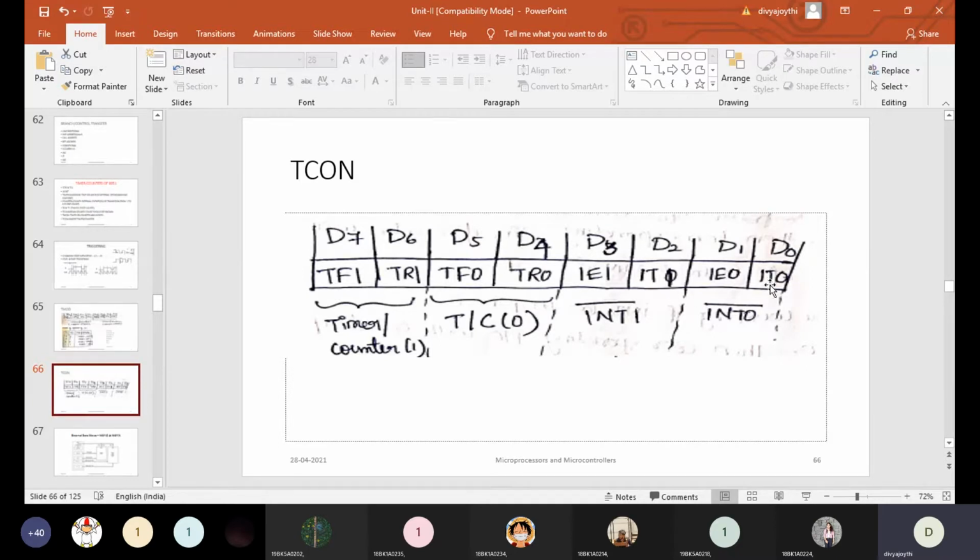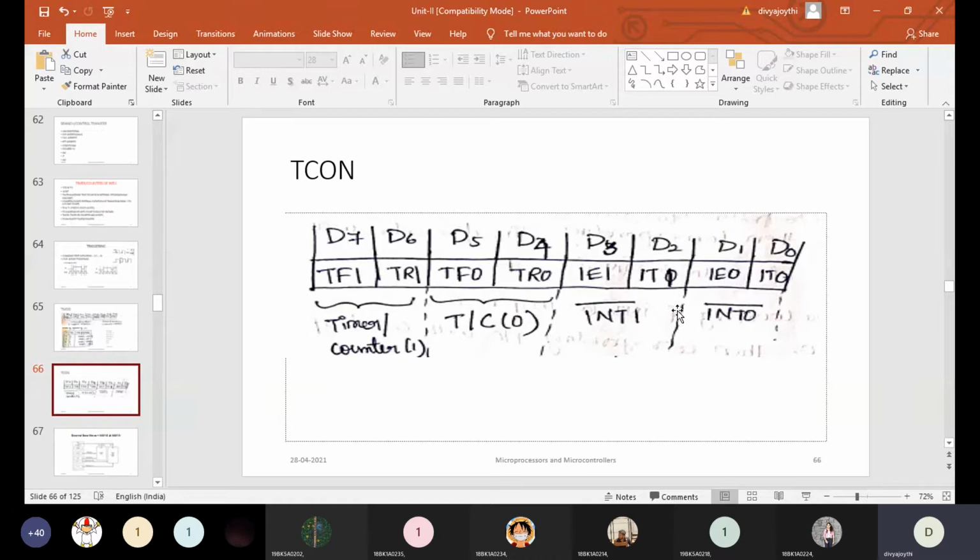I'm repeating, IT means interrupt, here meaning interrupt 0 and interrupt 1. So how are these interrupt 0 and interrupt 1 executed? That means at what kind of triggering they are executed. That information is given by IT0 and IT1.